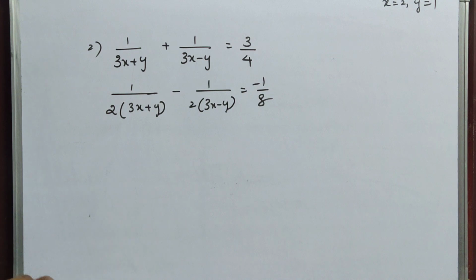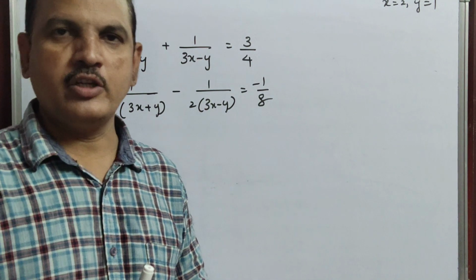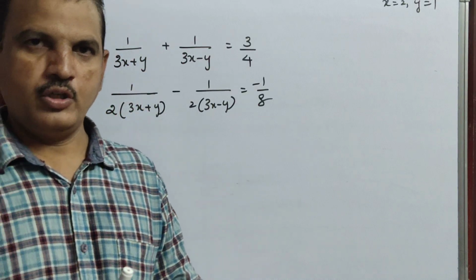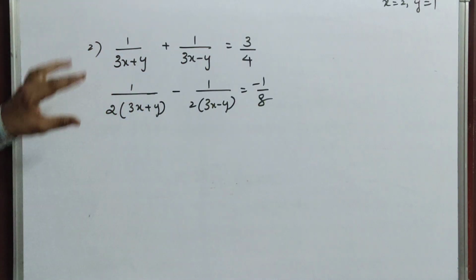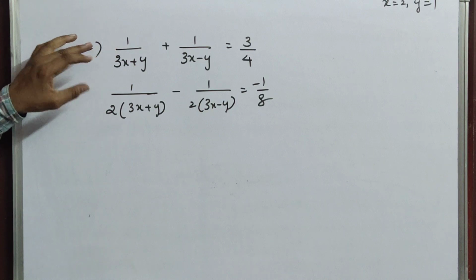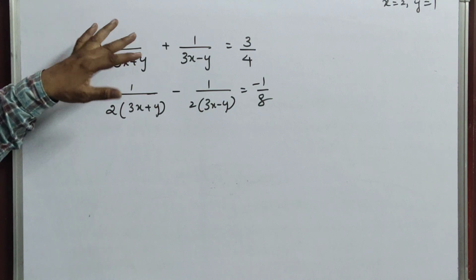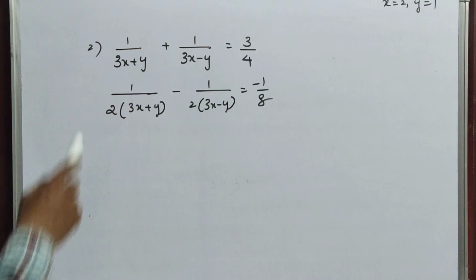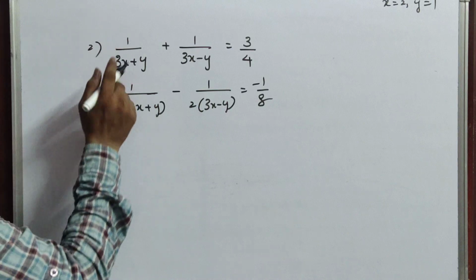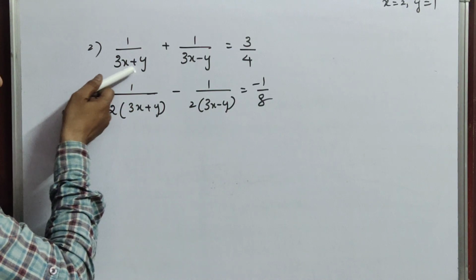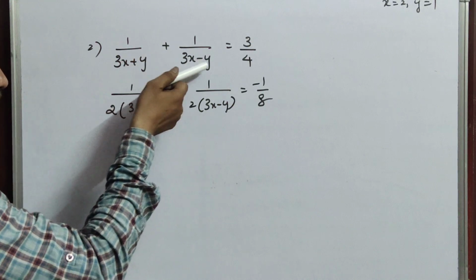As I told you, first convert them into linear equations in two variables, in standard form ax plus by plus c equals 0. So there are two equations: a1x plus b1y plus c1 equals 0, a2x plus b2y plus c2 equals 0. Now, in these two equations, you observe one thing: 1 by 3x plus y, 1 by 3x minus y.